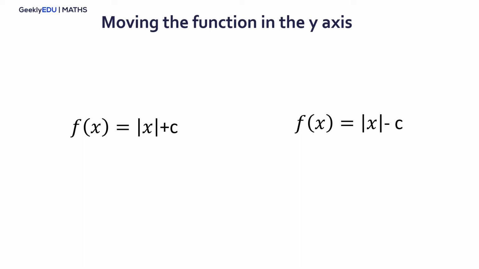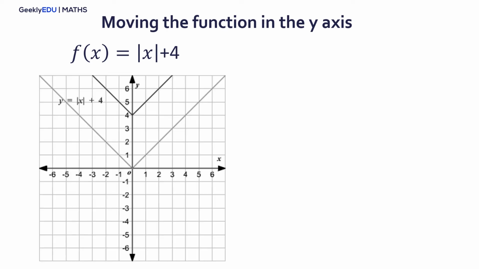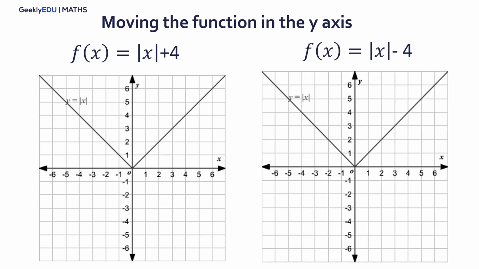We can see an example, f of x equal to the absolute value of x plus 4, and it moves 4 units upward. And it can also move downward 4 units. And we have the absolute value function of x, and also it moved 4 units downward.